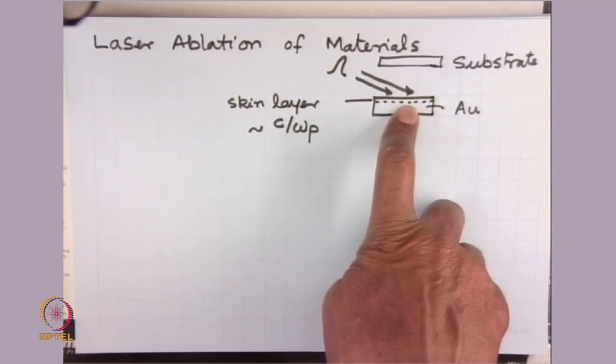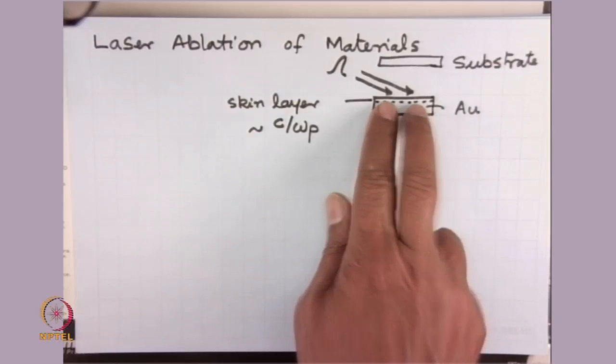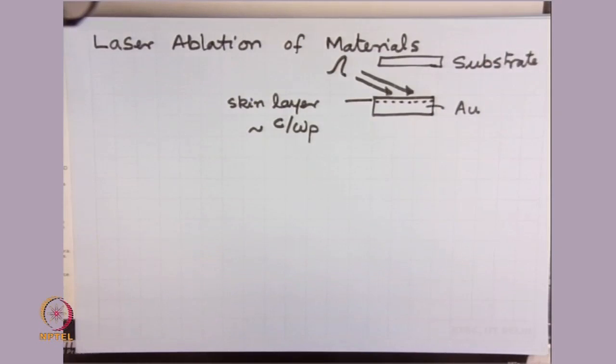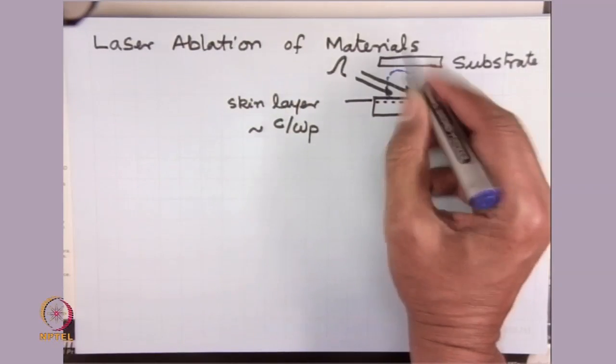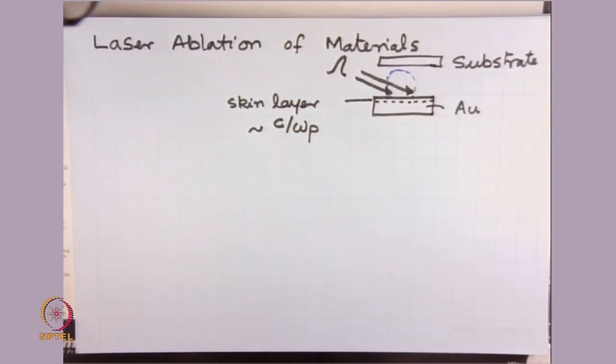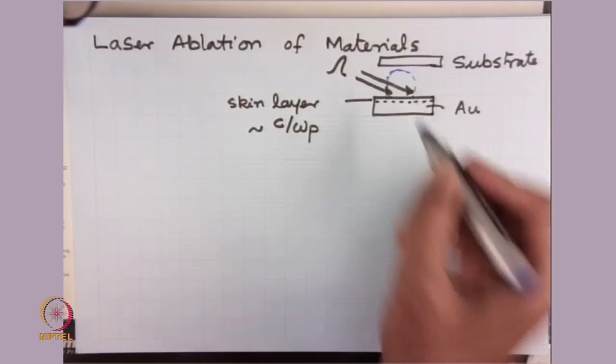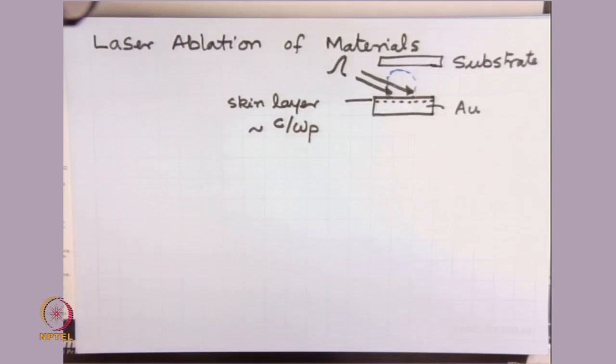Sometimes plasma is formed, a plume is formed, and that plume rises, and the plasma moves like this. A plume is created here, that goes up and strikes the substrate, which is kept at a low temperature. So, this cools down there, and a gold film is deposited on the top.